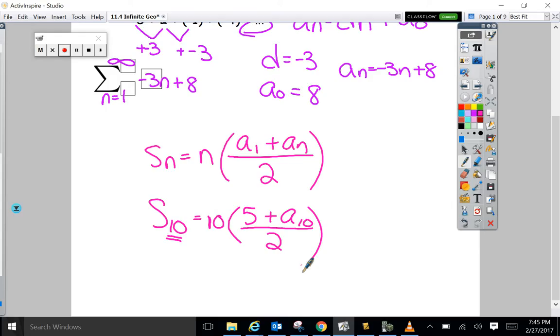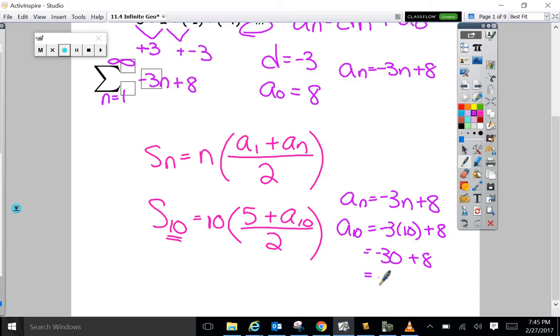So you're going to have to do a little bit of side work here and figure out what a sub 10 equals. You're going to use your a sub n formula, which was negative 3n plus 8, and plug in 10 for n. So negative 3 times 10 plus 8. So negative 30 plus 8 is negative 22.